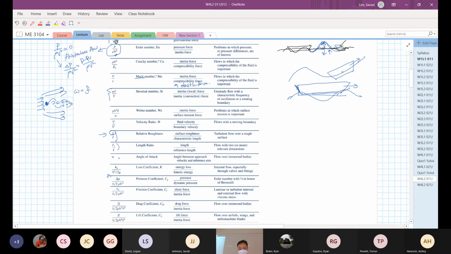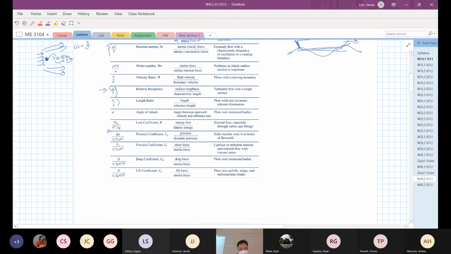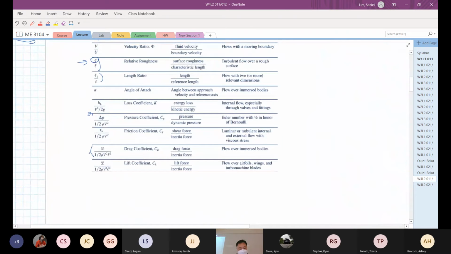Length, angle of attack, loss coefficient, and so on. You might want to see the drag coefficient, CD. We already deal with this drag coefficient, which is expressed here, D over 1 over 2 rho V squared L squared. So L squared here is basically the reference area.